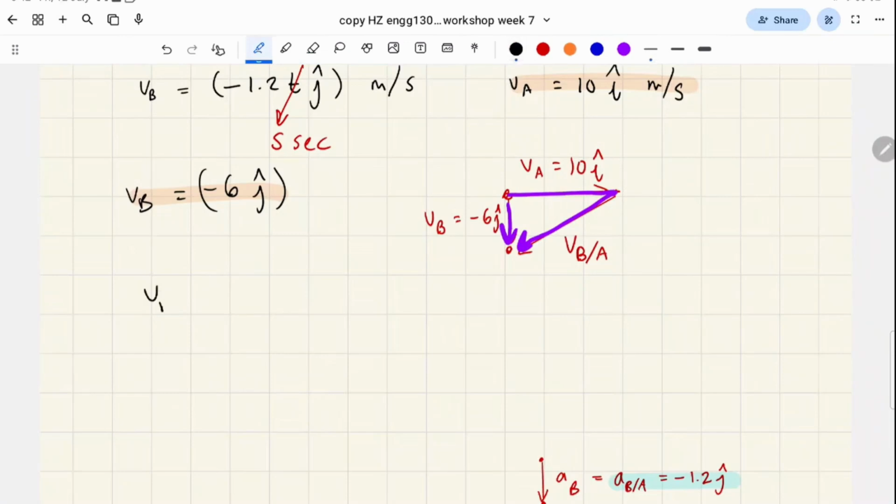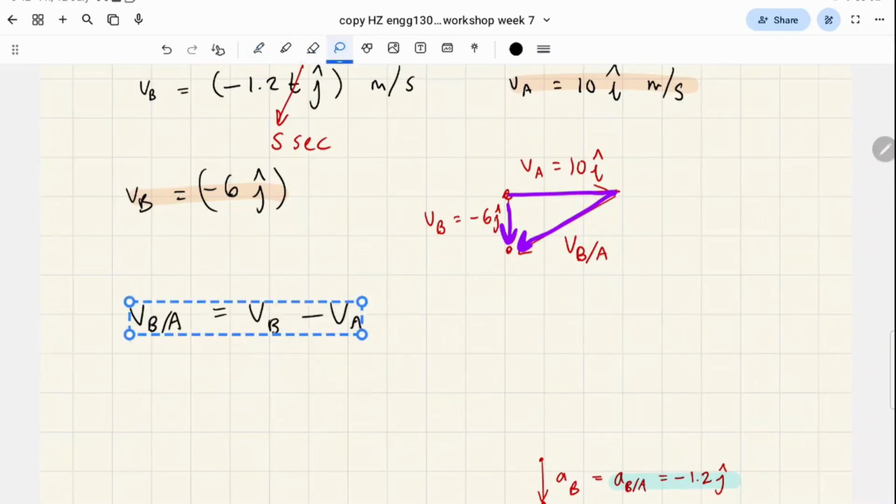So velocity of B, which is this arrow on the left, is equal to if you travel the distance of VA and you add on the distance of VBA, right? Yeah? Okay, now we're going to rearrange for VBA. And it's going to be VB minus VA. So that's another expression, right?